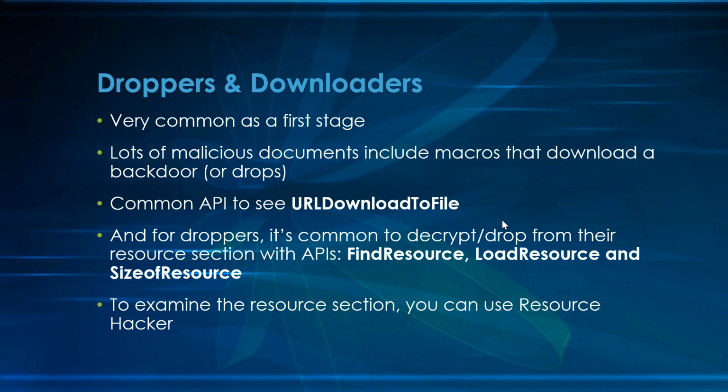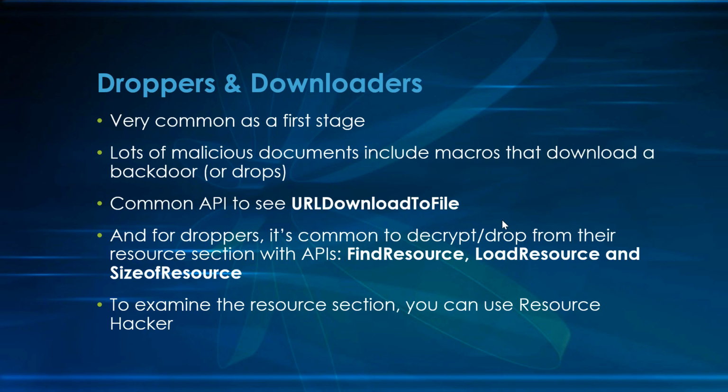These are very, very common, especially in the early stage of an attack. That could be not just an executable, but also a malicious document, like the one we saw in the basic static analysis demo. This document included a PowerShell command that downloads a file from a URL onto the disk or into memory and executes it.